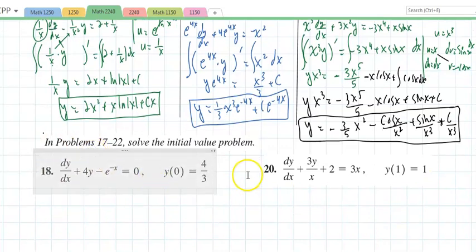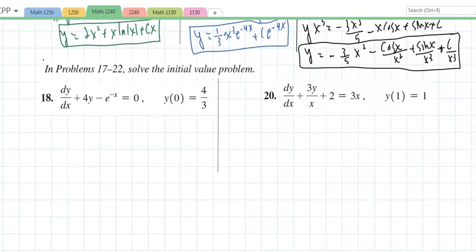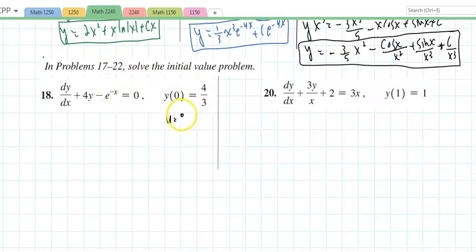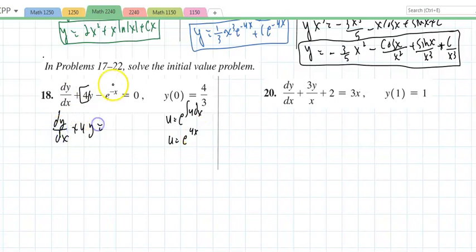So number 18, if I glance at that, it says solve the following problem. Well, you say, okay, no problem, this is not separable. If I let u equal e to the integral, and there it is, 4 dx, u would be e to the 4x. This is dy/dx plus 4y equals e to the negative x multiplied by u.